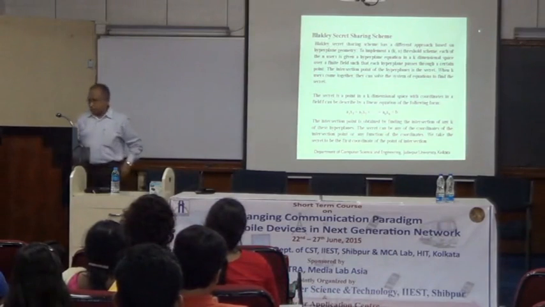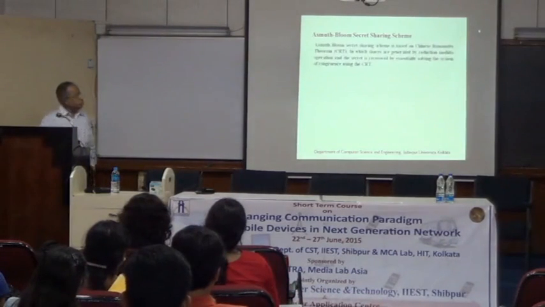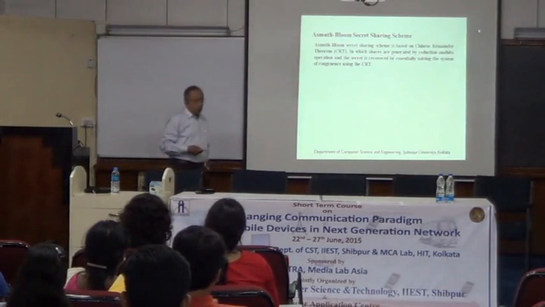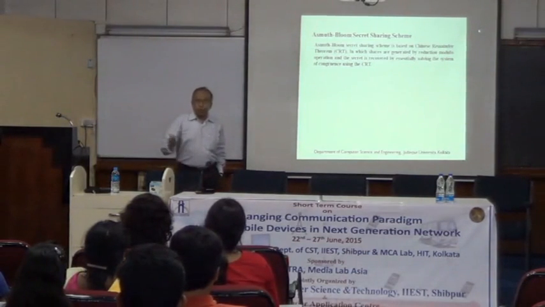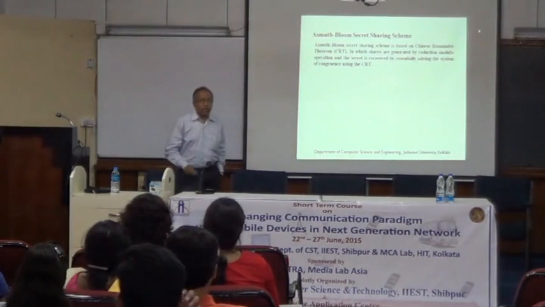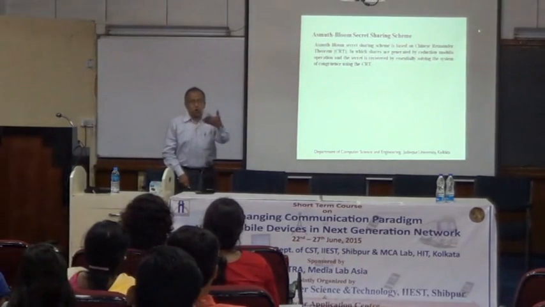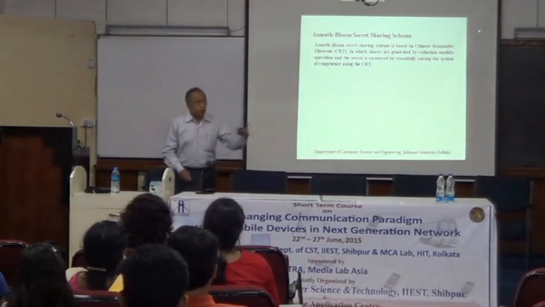A few years after that, Asmuth and Bloom proposed another algorithm based on the Chinese remainder theorem. For those who know cryptography, the Chinese remainder theorem is a very good technique. It's a one-way function. In cryptography, we always try to use XOR, hash, or CRT, which are one-way functions.